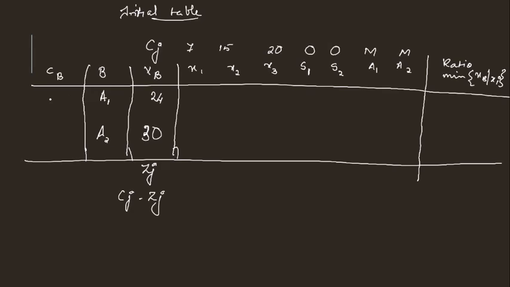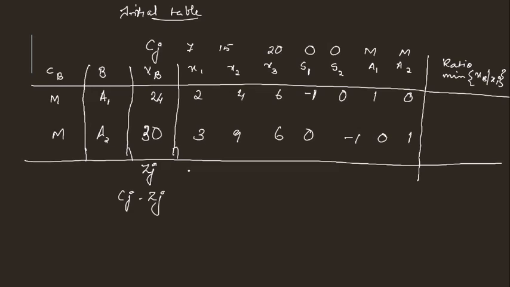What is the coefficient of the basic variables? It is M and M. Now what about this table? It is 2, 4, 6, minus 1, 0, 1, 0. Now in the next line, 3, 9, 6, 0, minus 1, 0, 1.